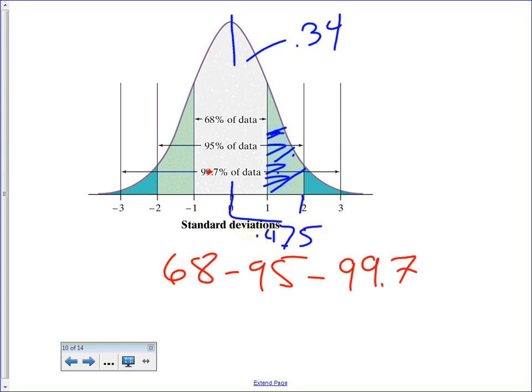And so the area shaded in blue is 0.475 minus 0.34, or 0.135. So we can start to cut the graph up into little pieces and find out what each chunk is. But you might say, who cares? Now we know that 13.5% of the population will be between one standard deviation and two standard deviations above the average. And we can start to make predictions about things.